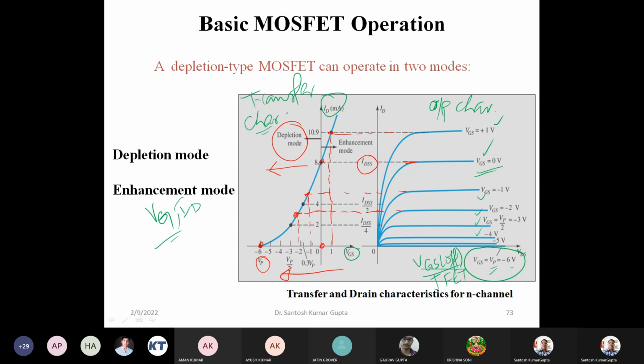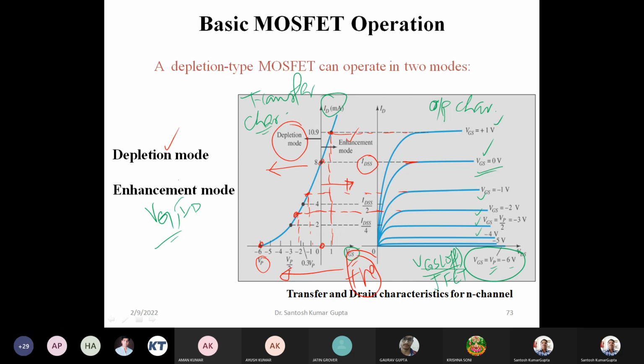Whereas the characteristic on the right side of the vertical axis shows the positive values of the gate voltage. As we apply positive gate voltage, electrons get enhanced in the channel, more electrons appear, and this is called enhancement mode. So the depletion type of MOSFET can operate in two modes: one is depletion mode and one is enhancement mode.